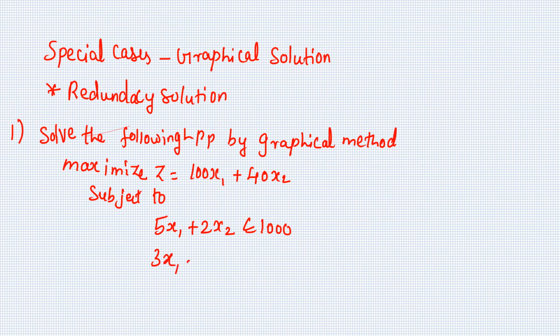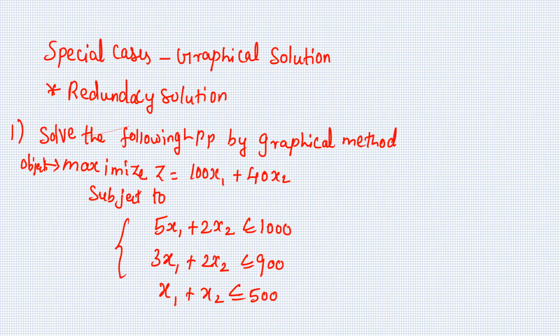Second constraint, 3x1 plus 2x2 less than or equal to 900. x1 plus 2x2 less than or equal to 500.